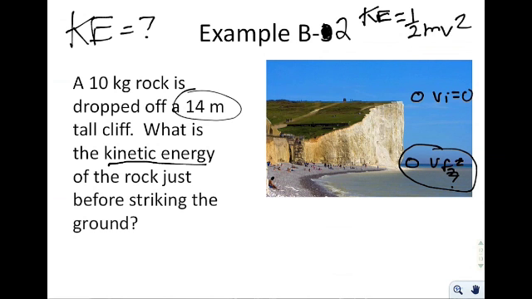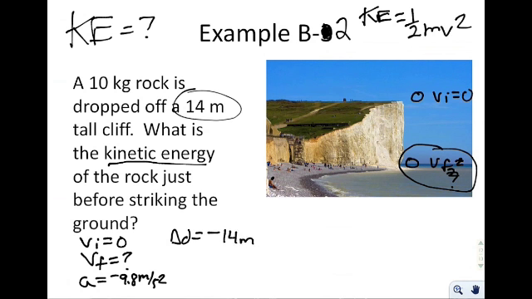I know that the initial velocity was 0. I'm interested in finding the final velocity. I know that the acceleration is the acceleration due to gravity, or negative 9.8 meters per second squared. And I know that the displacement of the rock in this particular case is going to be negative 14 meters because it falls from the top to the bottom.